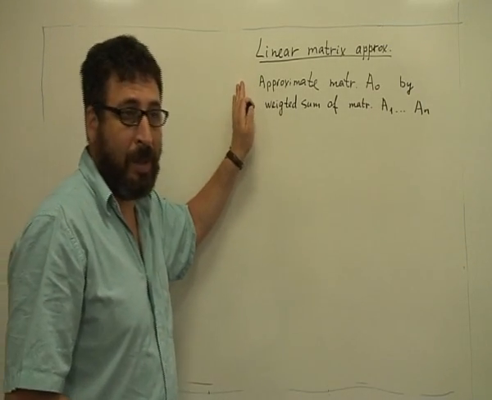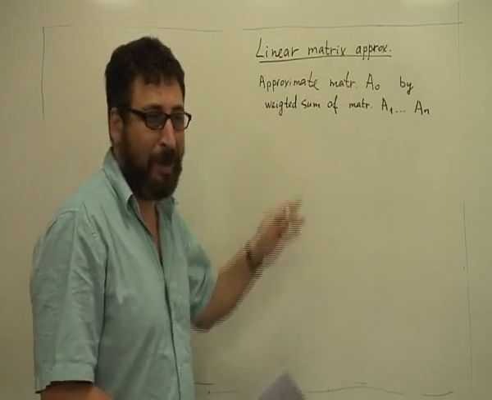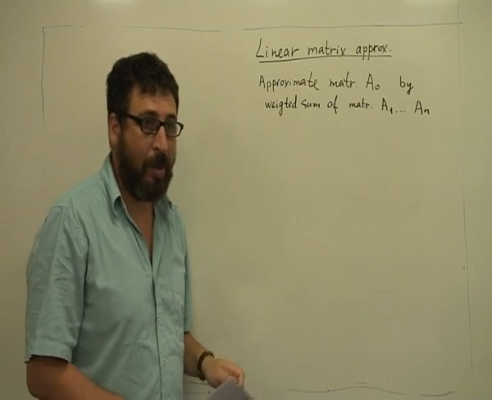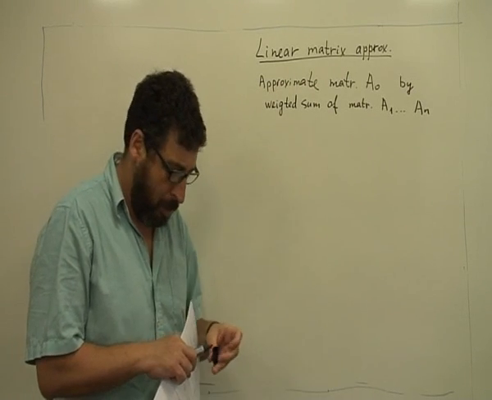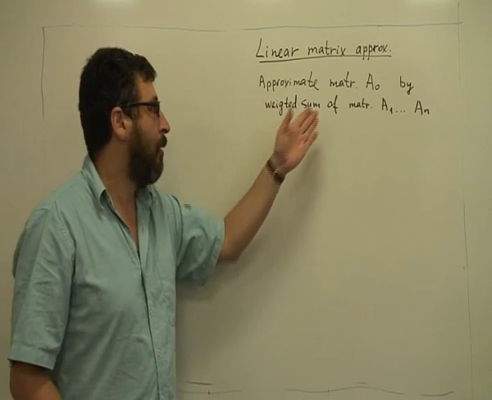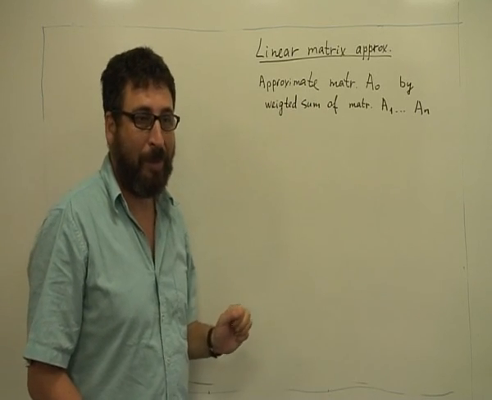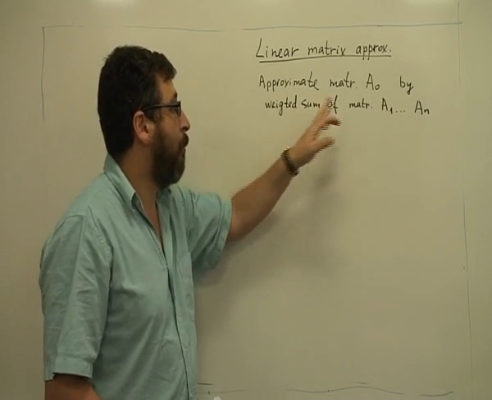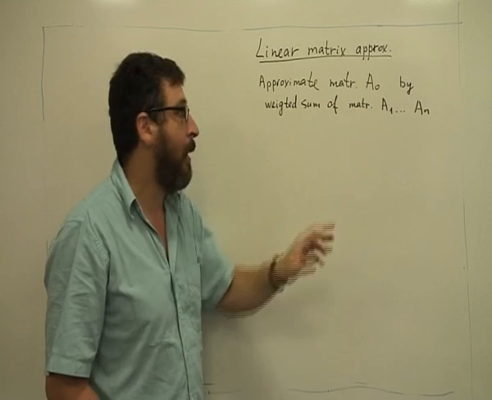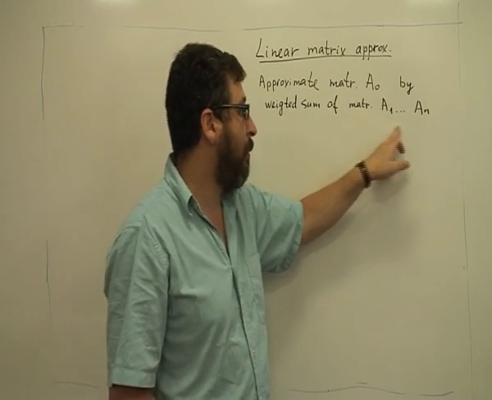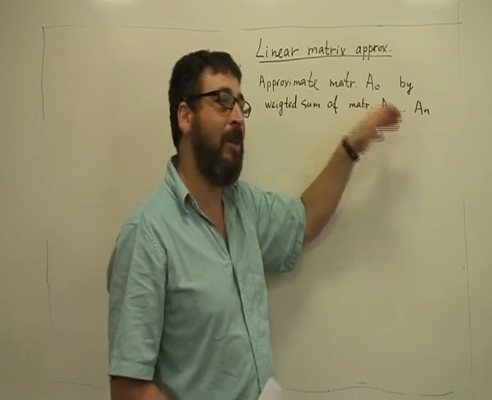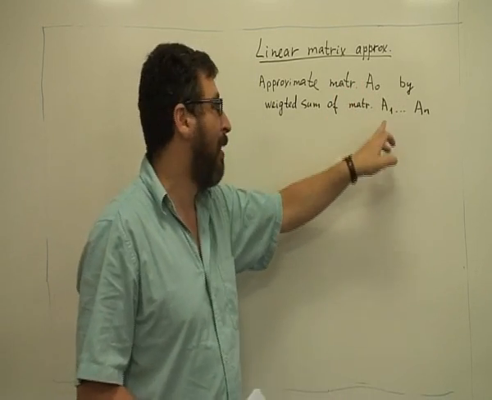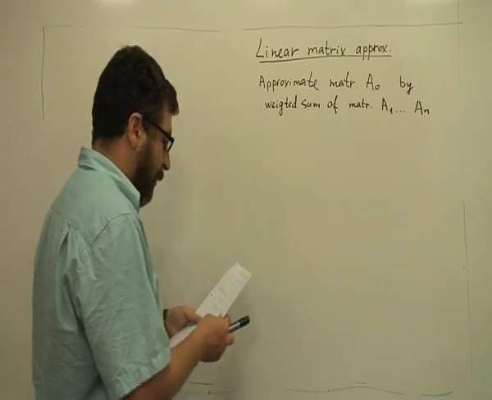A topic related to minimizing the maximal eigenvalue is so-called linear matrix approximation, which is also a very typical problem in scientific computing and engineering. Suppose we have a matrix A0 and we want to approximate it as a weighted sum of some given, maybe simple matrices or matrices with nice properties, A1 to An.